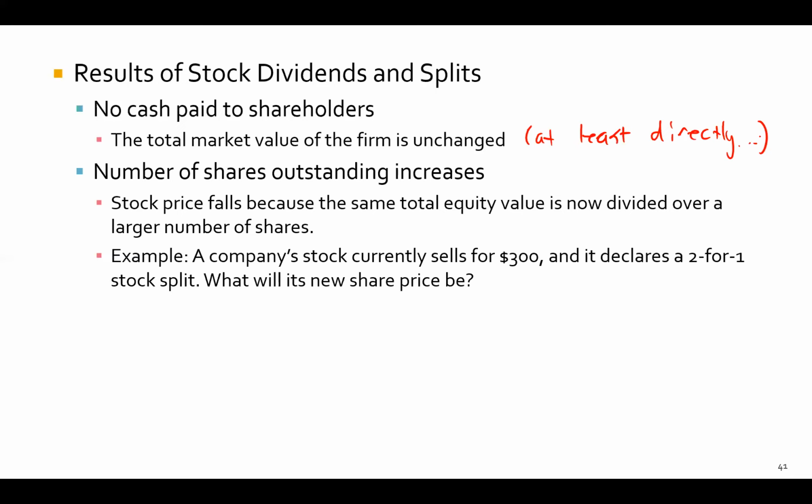Here we have an example. A company's stock currently sells for $300 and it declares a 3-for-2 stock split, or a 50% stock dividend.